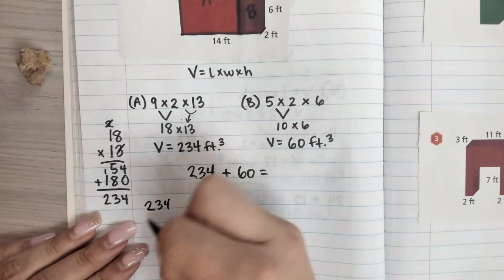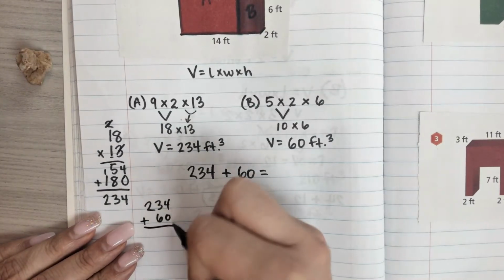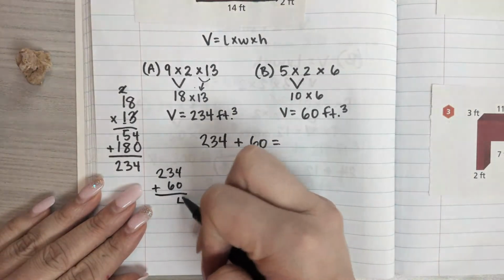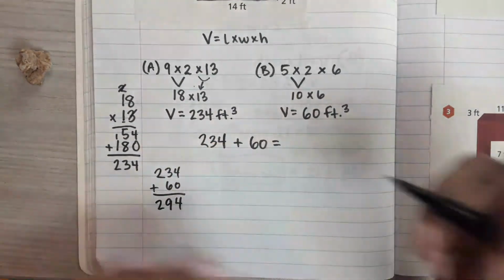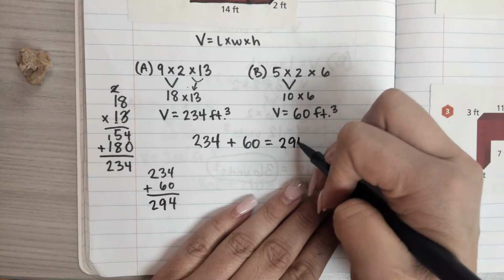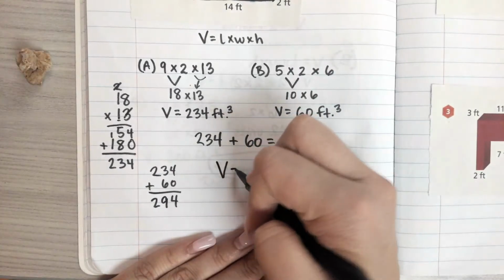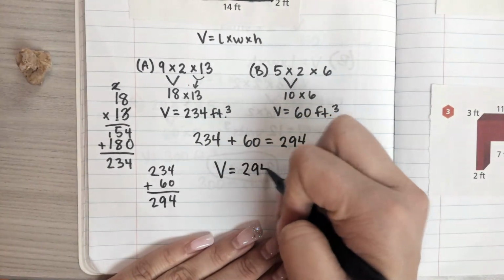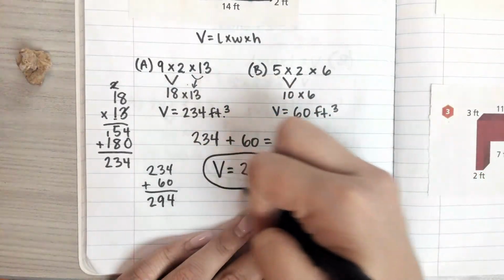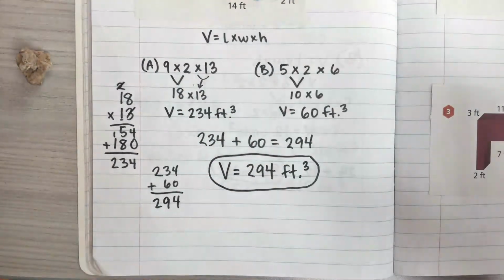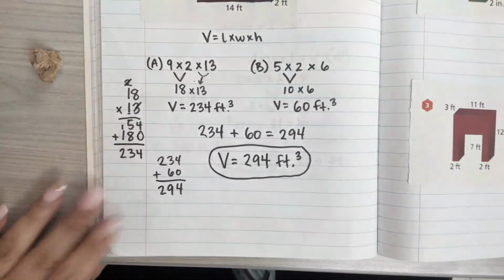So 234 plus 60. 4 plus 0 is 4. 6 plus 3 is 9. 2 plus nothing is 2. So we've got 294. Our total volume of this shape is 294 feet cubed. We're going to circle that. And so here we are, we've got our answer for number 1.